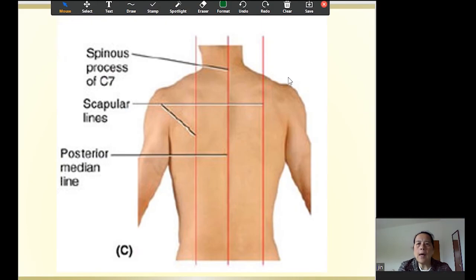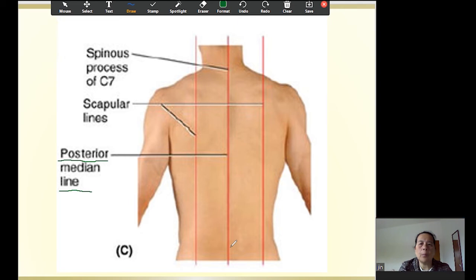Then the lines on the back. We have the posterior middle line, right in the center, through the spinous processes of the vertebrae.